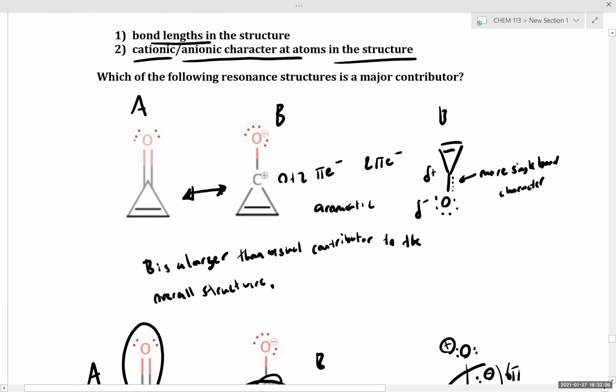And when you're thinking about deciding whether a ring system is aromatic or anti-aromatic, you need to make sure that all the atoms in the ring are conjugated and there's no external conjugation that affects your electron count. So in A, you can't really say that it has 4 or 2 electrons in the ring itself because this double bond is connected to atoms outside the ring. Does that make sense?